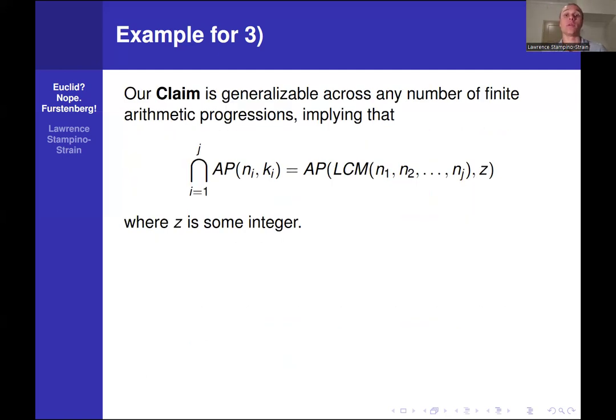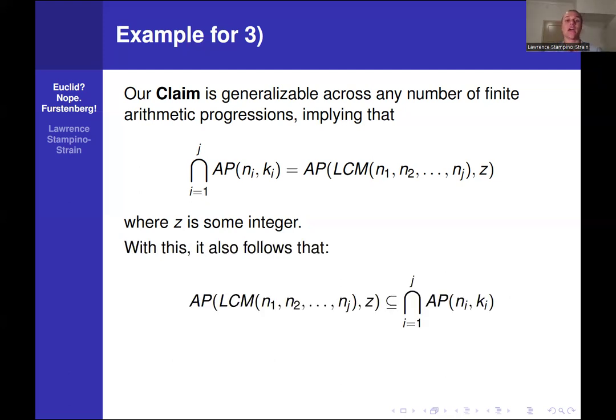Therefore, we say that our claim is generalizable across any finite number of arithmetic progressions, implying that the following is true. So the intersection of finitely many arithmetic progressions AP(ni,ki), all the way up to j, is equal to the arithmetic progression where n is equal to the least common multiple of all the n's up to nj, and z is some integer, right?